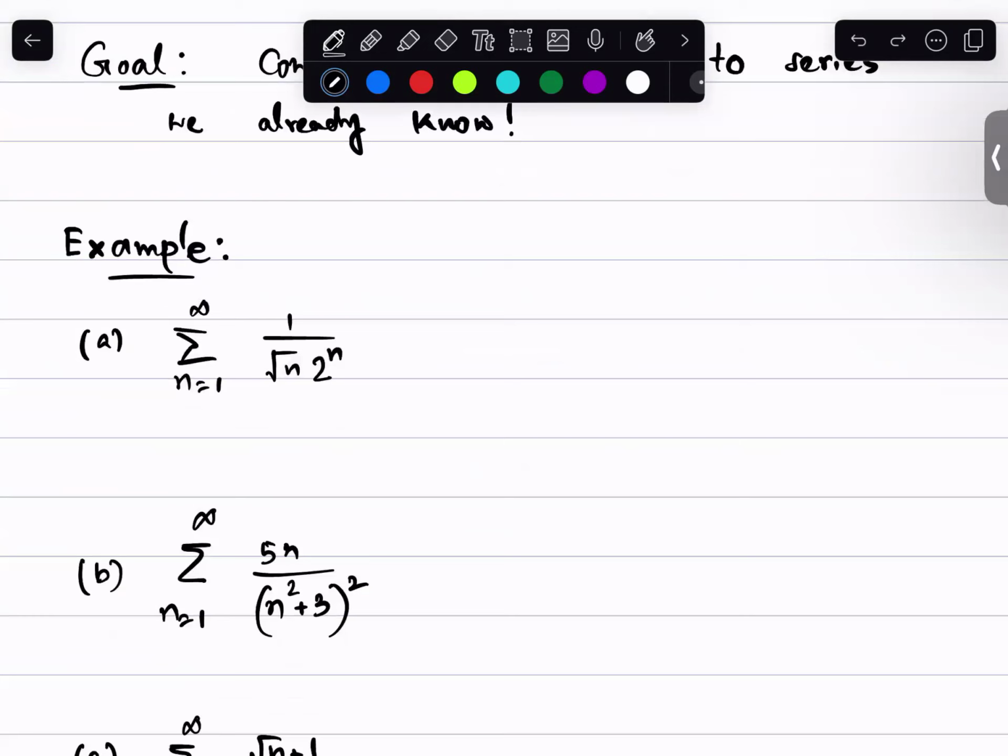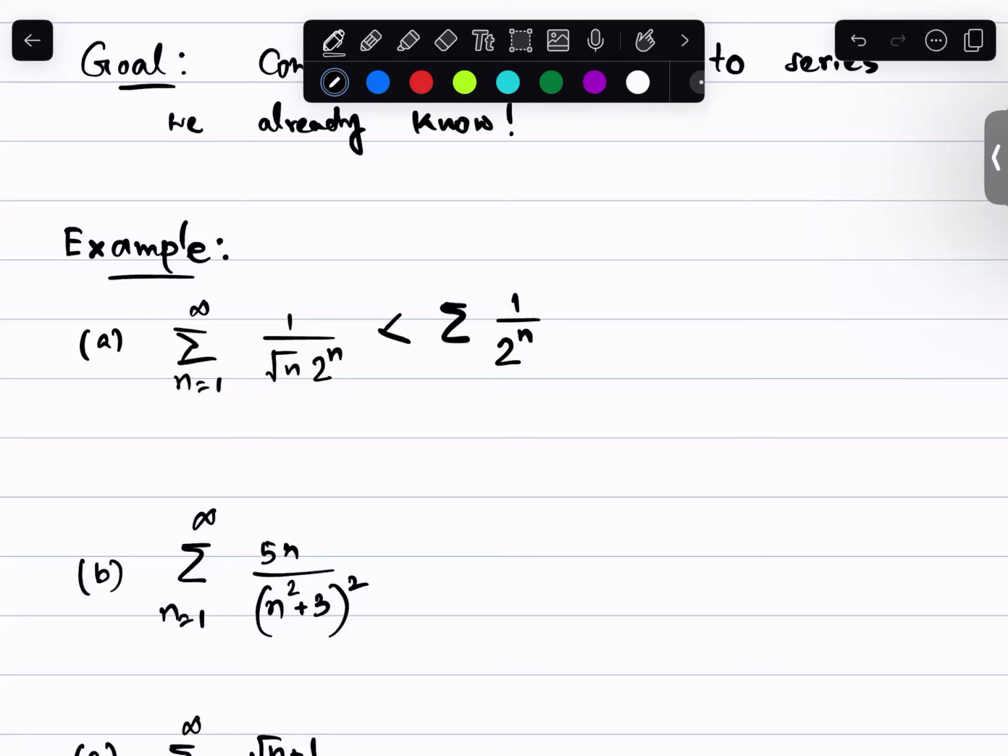So if this is my given example, summation n equal to 1 to infinity 1 over square root n to the n, I can compare this series with summation 1 over 2 to the n, right? And then the relationship between these two series will be this inequality.